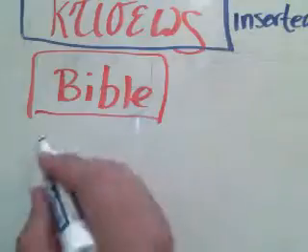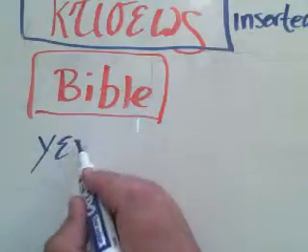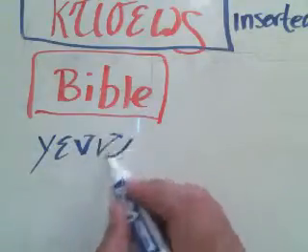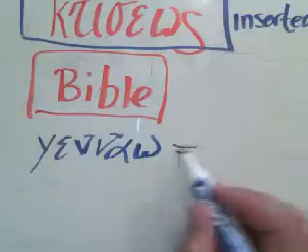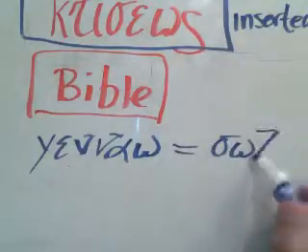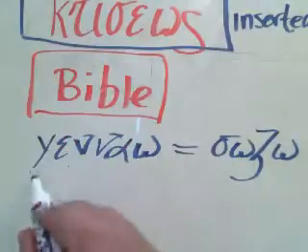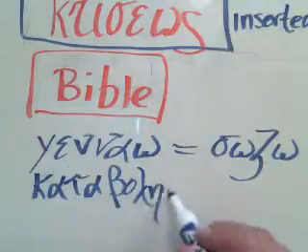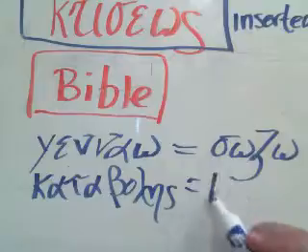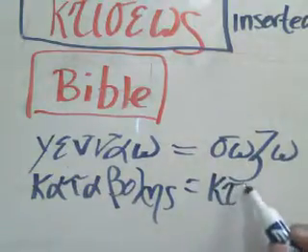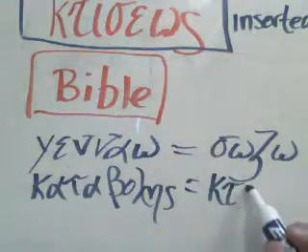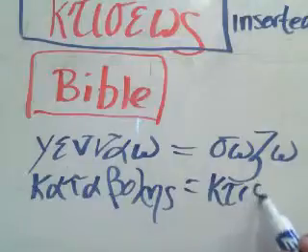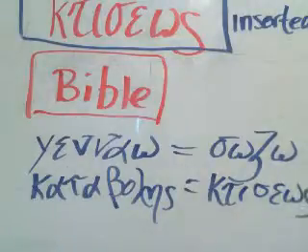Words like gymnao are equated with sozo. Here you have kataboles. Kataboles is equated with this word katiseo, excuse me. I really wish I could pronounce that.